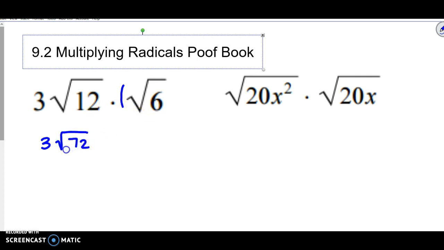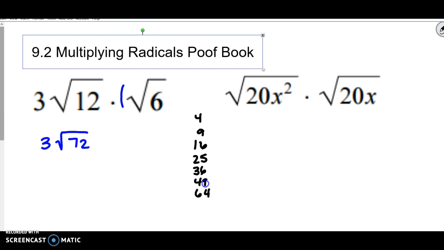All right, so now I need to determine if I can simplify 72. You may be tempted to just do 9. However, there is actually a larger perfect square term. So we have 4, 9, 16, 25, 36, 49, 64, and 81 is bigger.